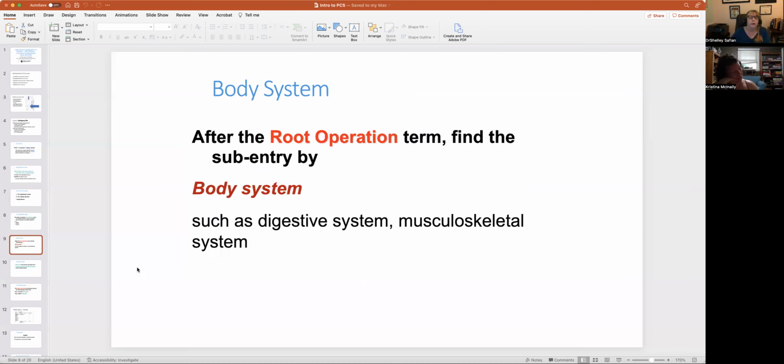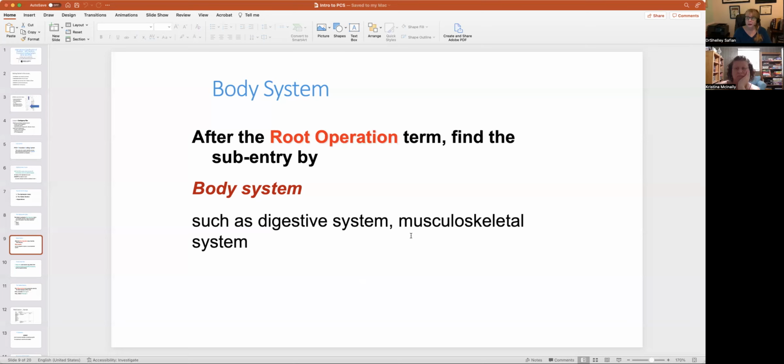All right. Body system is the entire system, not an individual anatomical site. So if the procedure was a bypass of one of the coronary arteries, the body system would be the cardiovascular system.